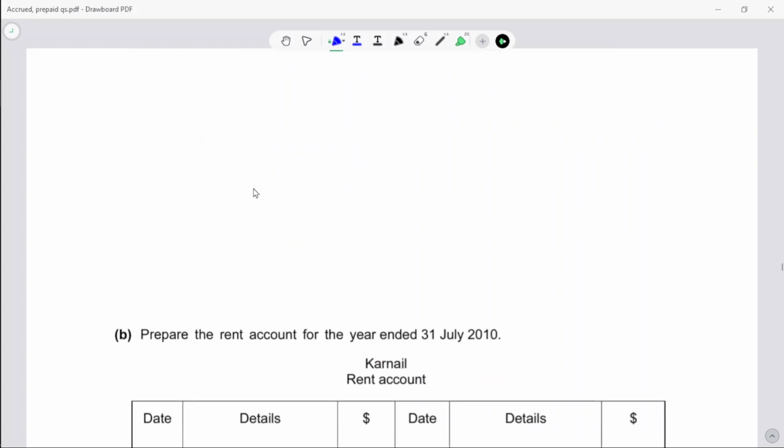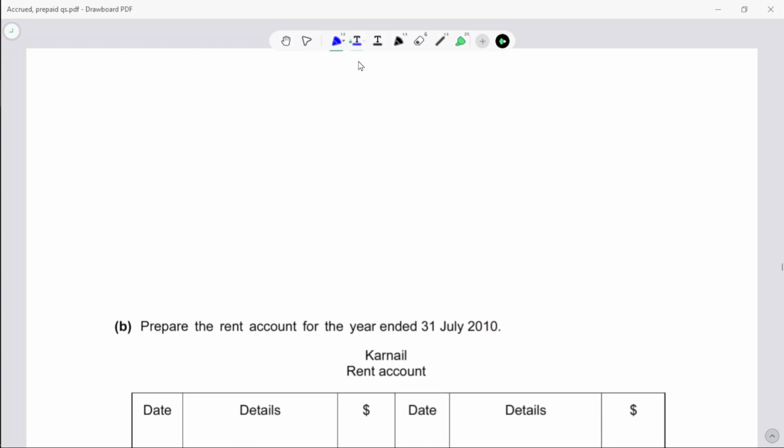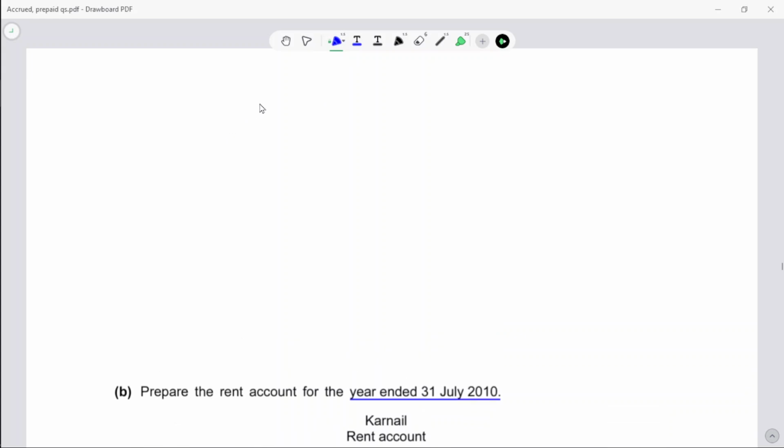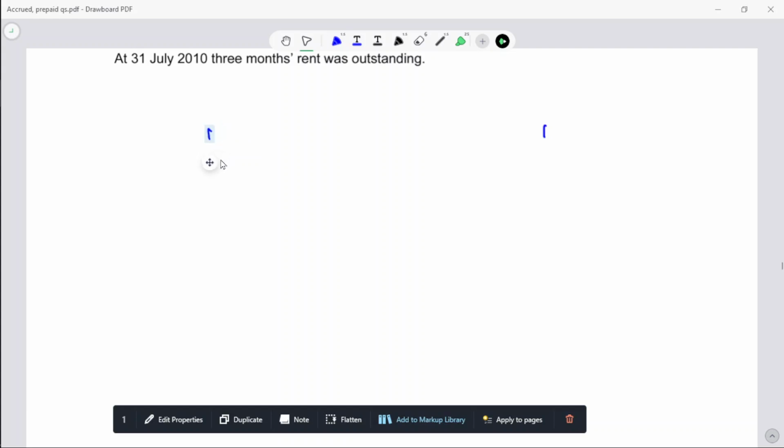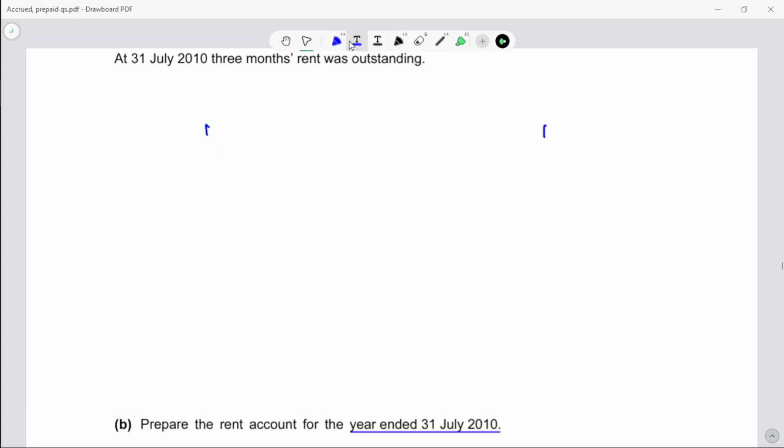Next one. So year end. First thing first, year end. Then timeline. I draw a timeline.